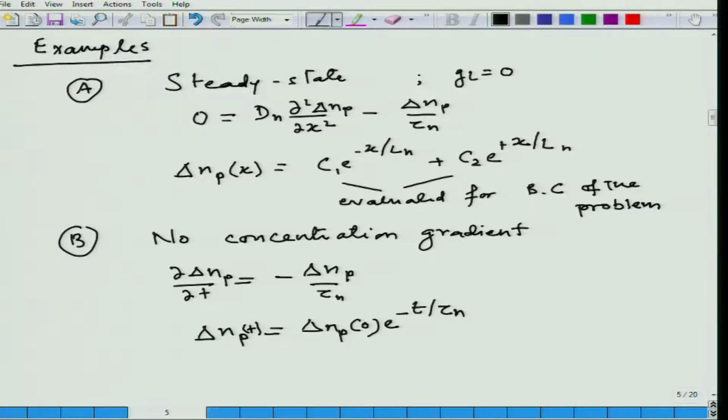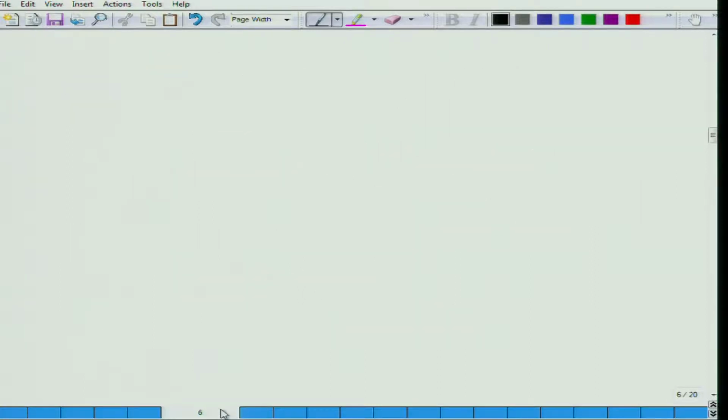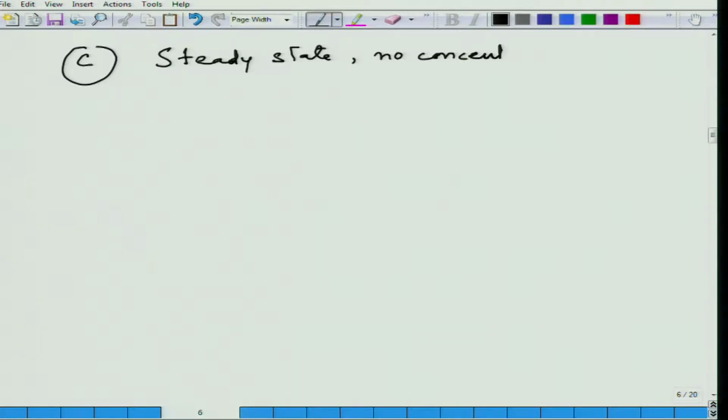So, you can see how from a general equation we can get some very simple closed solutions under certain approximations. The next approximation or example is when we have a problem which is in steady state, and there is no concentration gradient, and in addition there is no generation of photocarriers, this is also 0.